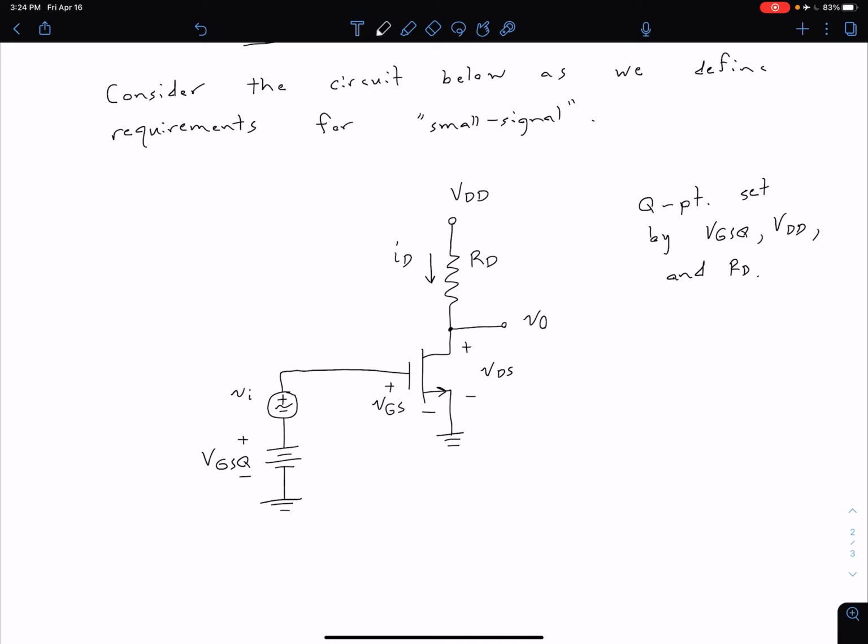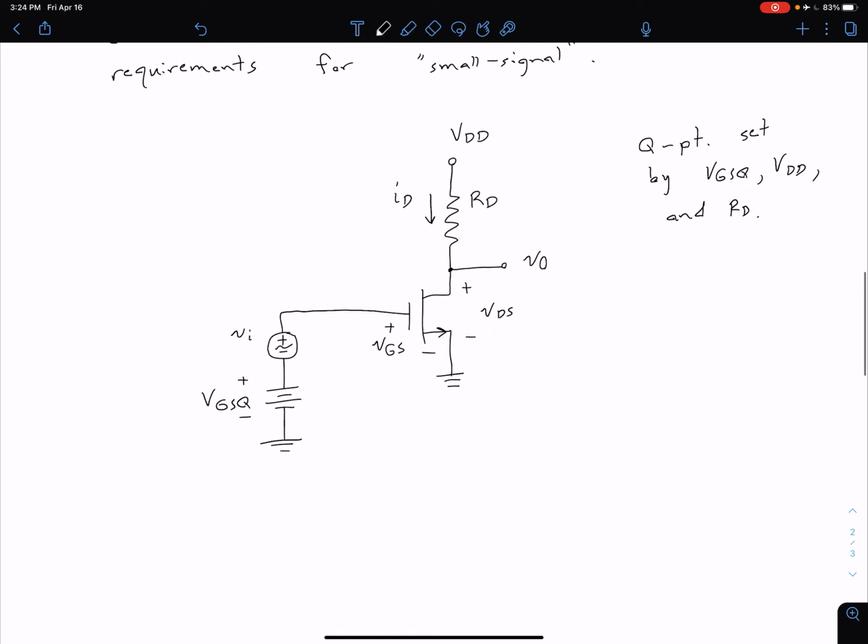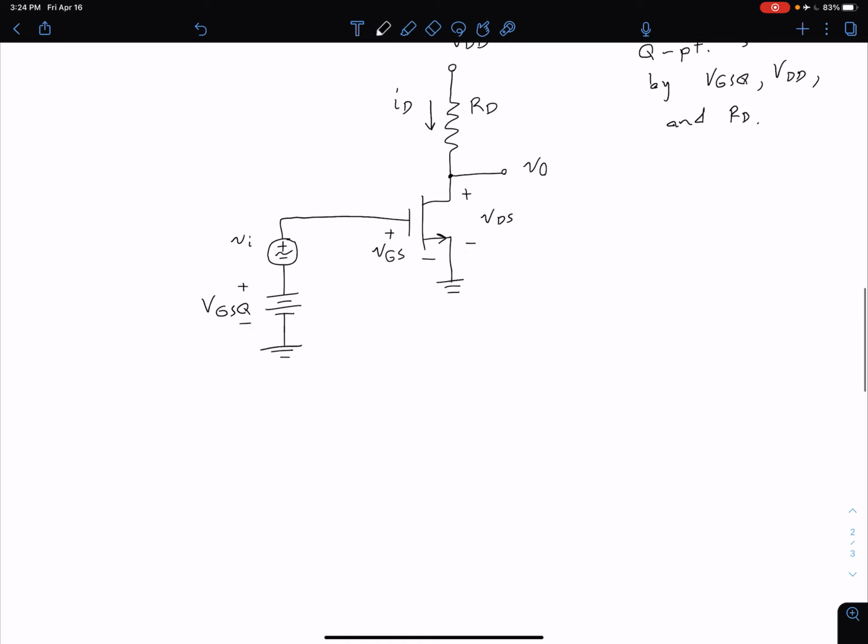Okay, so you'll notice if you look at any of these parameters for our currents and voltages, we have that lowercase parameter, uppercase subscript. What that means is that any of these parameters is the sum of their AC and DC components. Let's focus on this VGS first. We could say this VGS is equal to the DC component, which is VGSQ, plus some AC component, lowercase vgs.